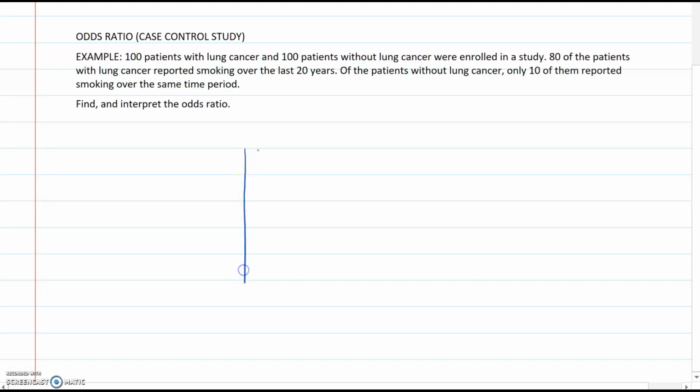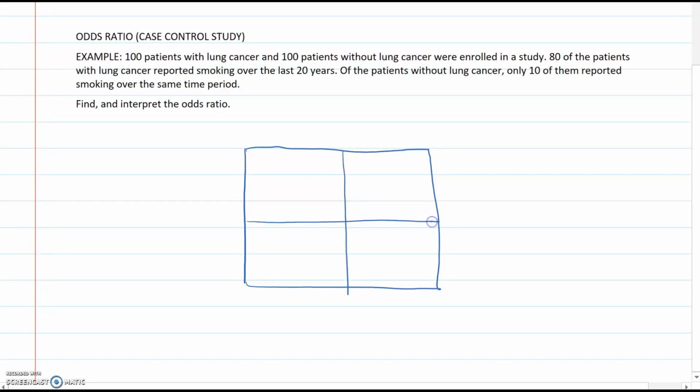Okay, so we'll draw a two-way table here, and we'll break it up like this. In the first column, you write down the number of people who have the disease. In this case, it's lung cancer. In the second column, you write down the number of people who don't have the disease.